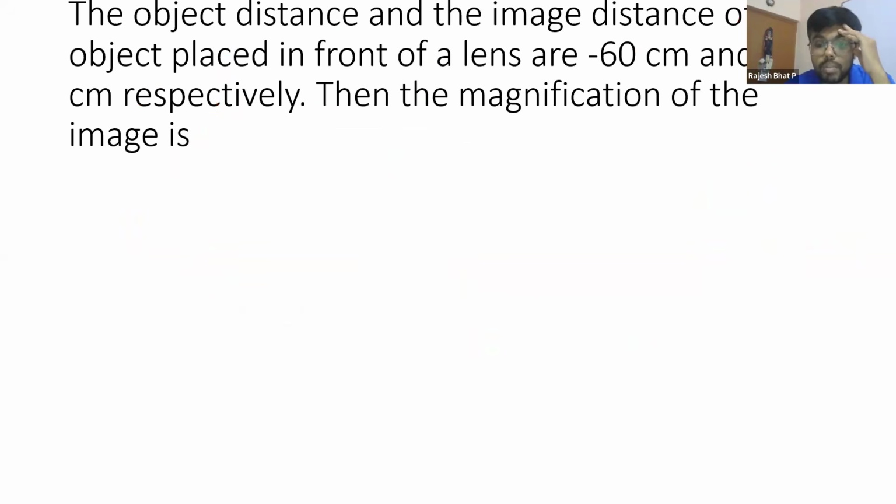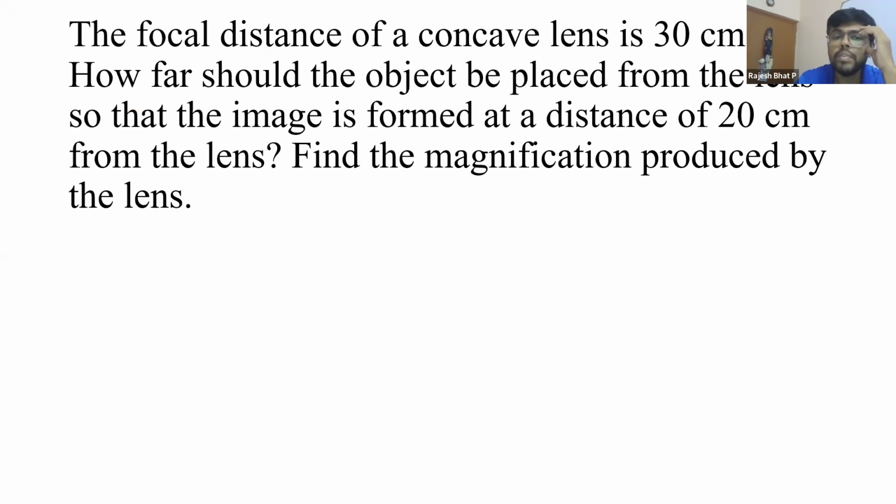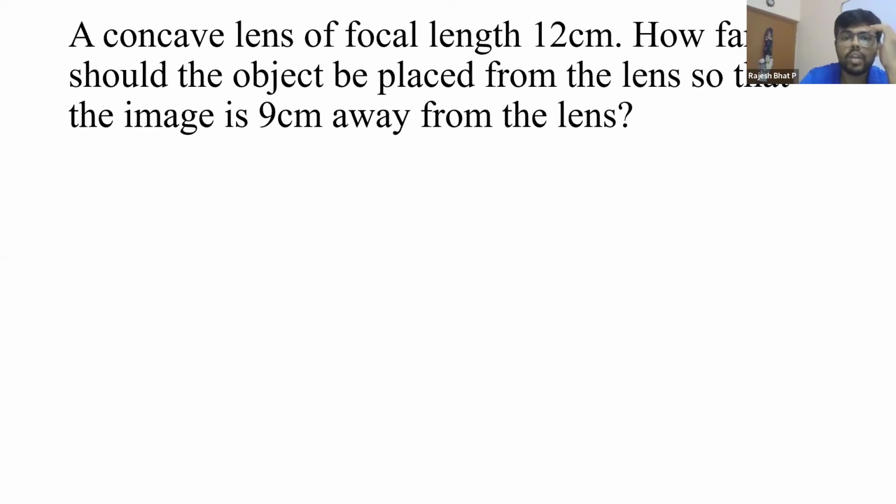Okay, now we'll go to some of the problems. The object distance and the image distance of an object placed in front of a lens is given, then the magnification. Wait, before I do this problem, I'll go to some simple problems that you need to know so that you get a proper understanding. It seems a concave lens.